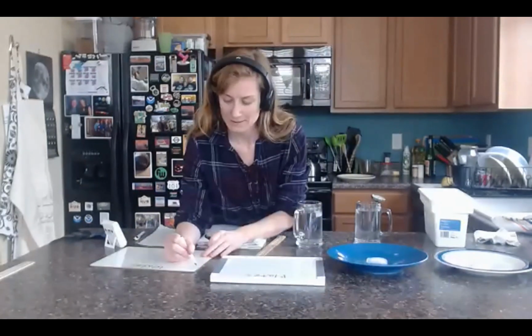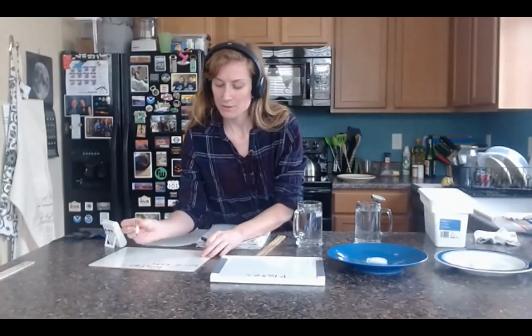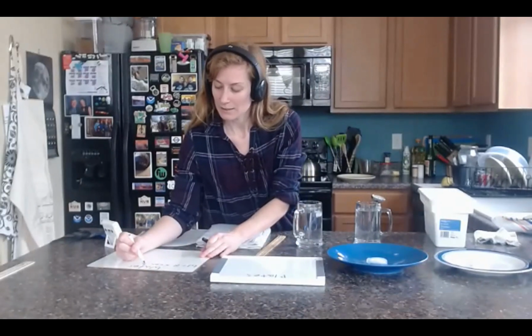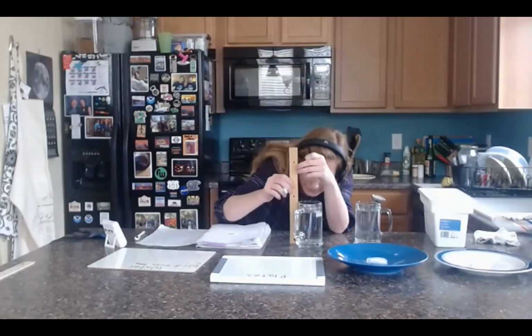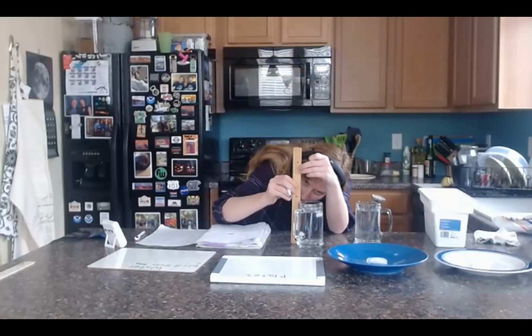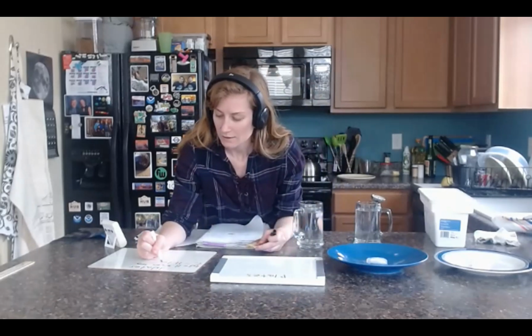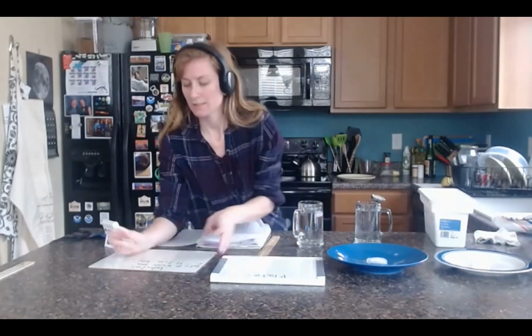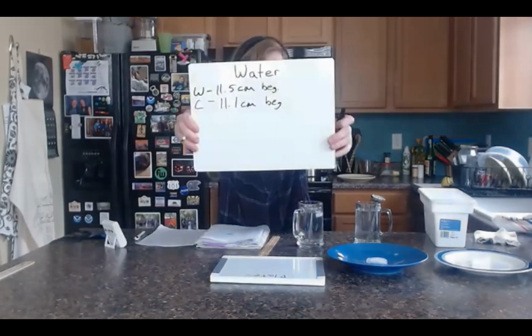So I'm just going to write that down for warm, 11.5 centimeters at the beginning. And then for the cold water, it is at 11.1. So I have written that down on the board.